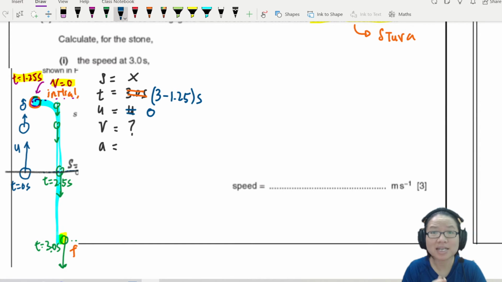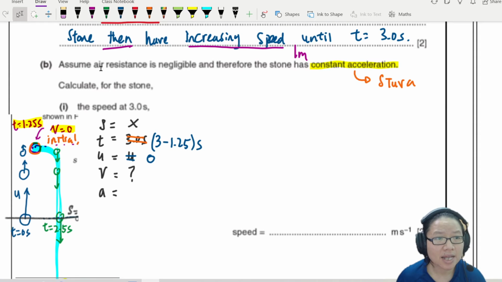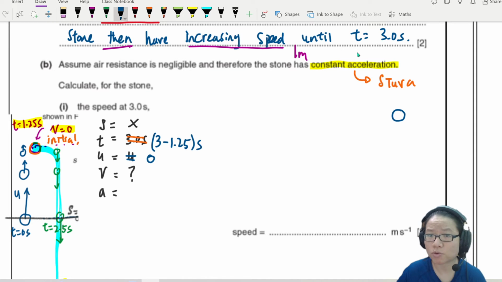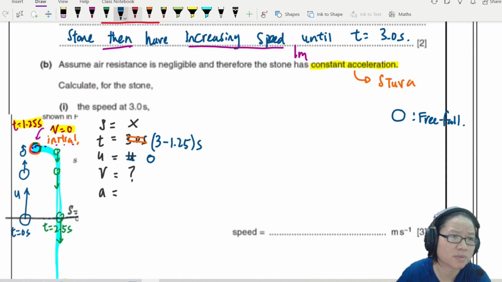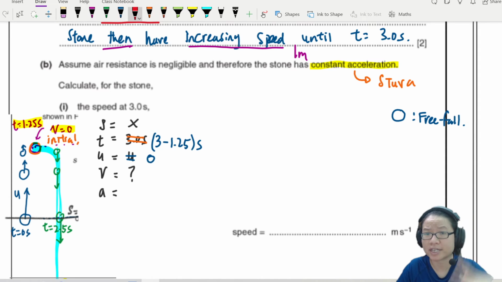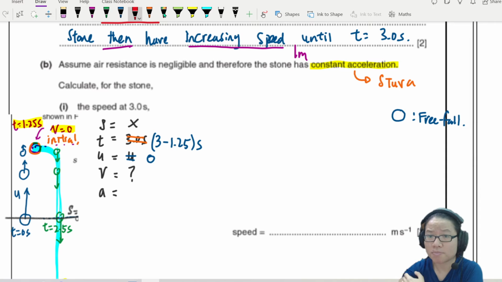Okay, now let's think about g. So it says here that air resistance is negligible and the stone has constant acceleration. So this part here, maybe you know this or maybe you don't know this, but let me explain a bit to you. When the stone is falling, and we call this free fall, we'll do this again in the next few chapters. We will repeatedly see things falling in gravity. So free fall means falling under the influence of gravity alone.